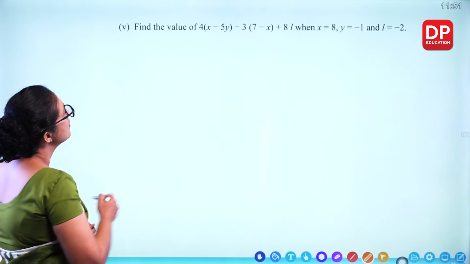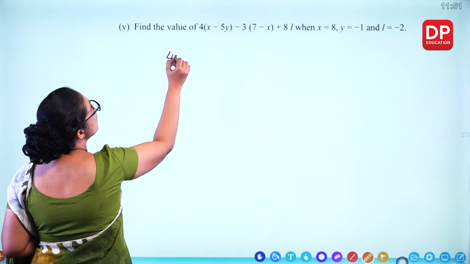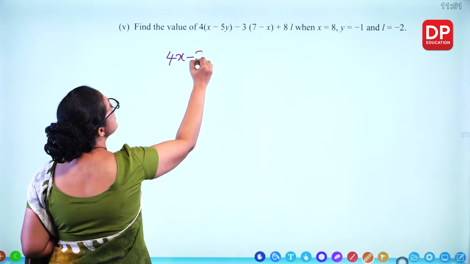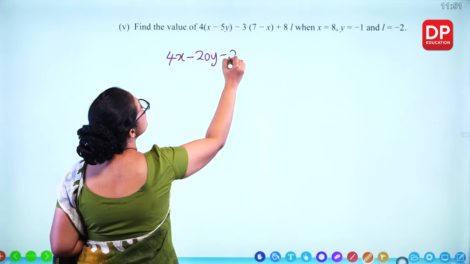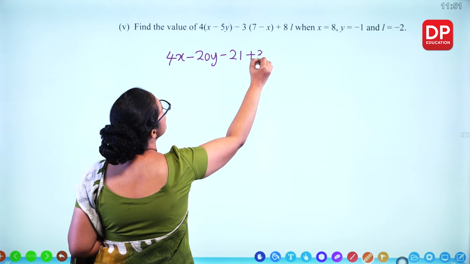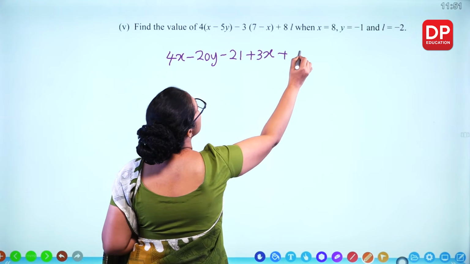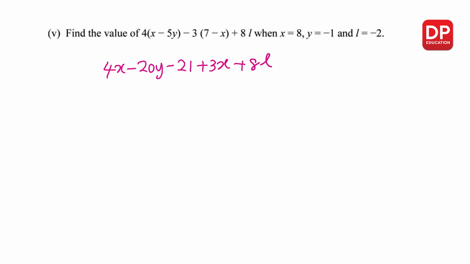This one. Expand. 4x minus 20y minus 21 plus 3x plus 8l. Now substitute the values. 4 times 8, 20 times minus 1, because y is minus 1.